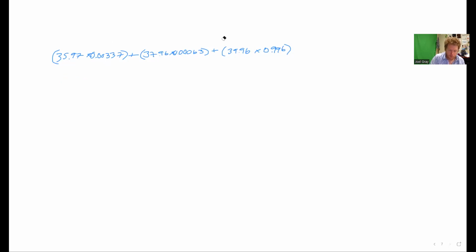35.97 times 0.00337, which is 0.1212189, plus 37.96 times 0.00063, which is 0.02391, plus 39.96 times 0.996 is 39.80016.